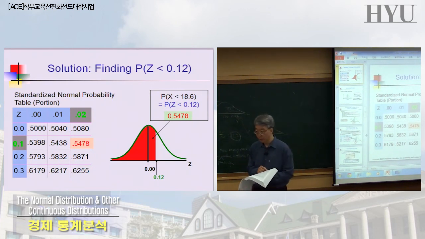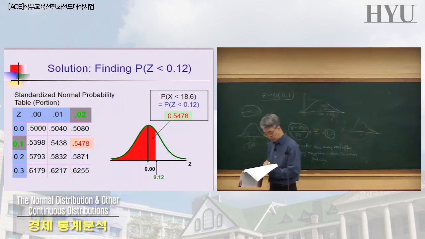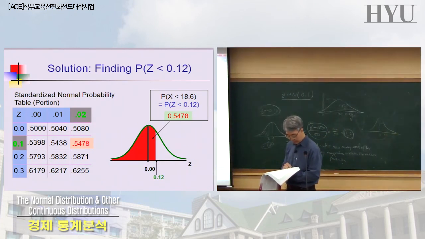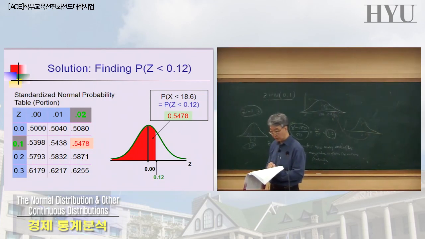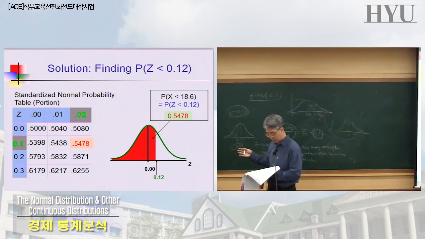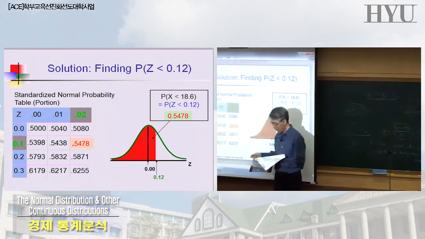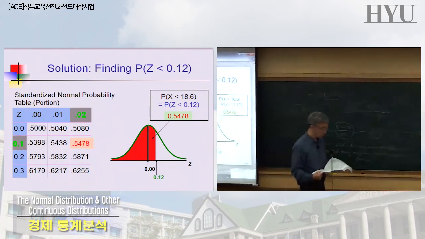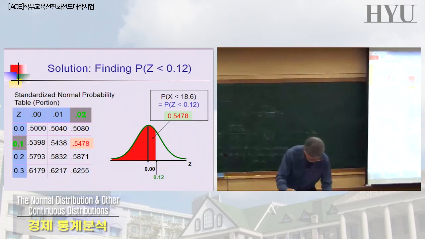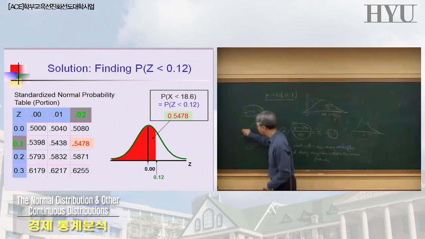Make sure you're able to find that number, 0.4522. It's the second line from the bottom. The last line is negative 0.0, and the second line from the bottom is negative 0.1. So you go to the third column, which is the column for 0.02, and this area is 0.4522.